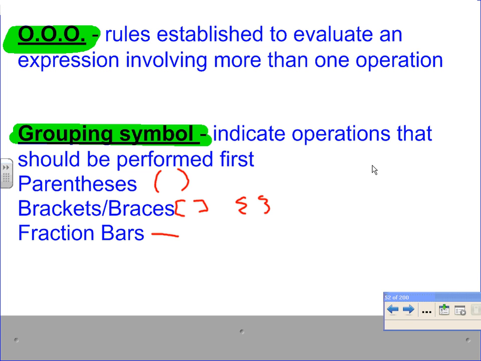There are parentheses, brackets, braces, and fraction bars. So a grouping symbol is also considered a fraction bar. If there is something in the numerator, simplify that. If there's something in the denominator, simplify that. And then you divide. So that fraction bar is the same thing as seeing parentheses, brackets, or braces.